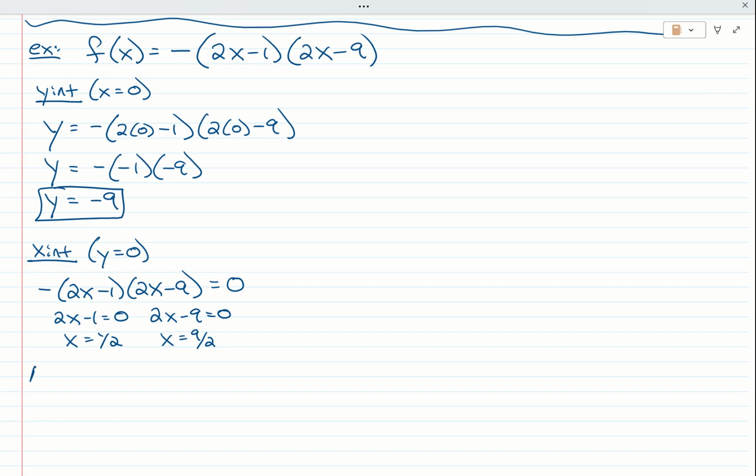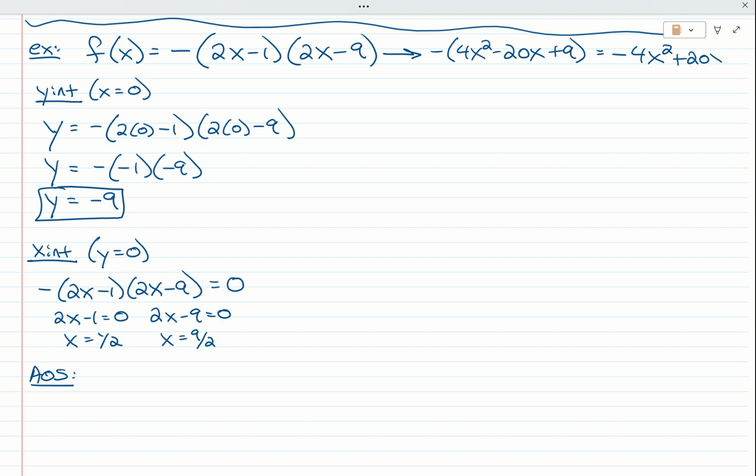To find our axis of symmetry, we could do the opposite of b over 2a, which would mean we just have to distribute everything here. If we multiplied this out, we'd get 4x squared minus 20x plus 9. Don't forget the negative is in front of that. So you could use your opposite of b over 2a.